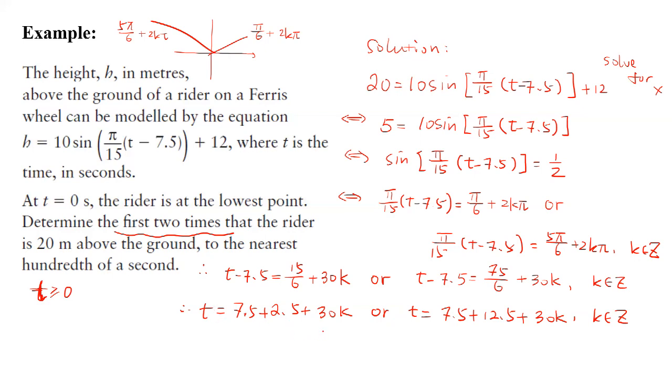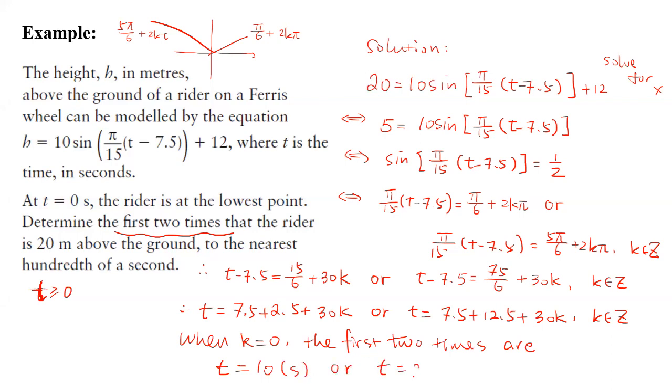So the lowest value of k is 0. That means when k is 0, the first two times are t is 10 seconds or t is 20 seconds, right? So these are the final solutions we are looking for.